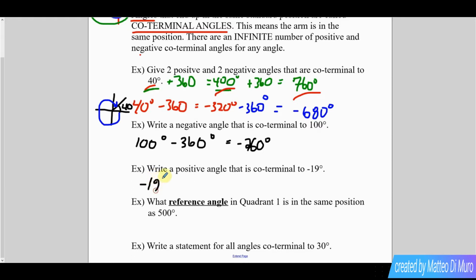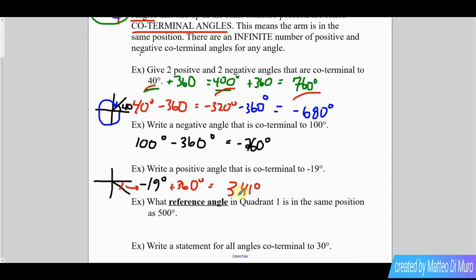A positive angle that's coterminal to negative 19 degrees. So here's negative 19. If I was to draw a picture of that, that would mean that my terminal arm is down here. This angle here, I'm going to draw an arrow, that's negative 19 degrees. If it needs to be a positive angle that's coterminal, I'm just going to add 360 degrees, and I'm going to get 341 degrees.